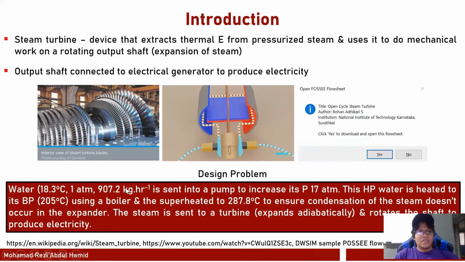So this is the design problem that I took from the document. We have water at around 18.3 degrees Celsius. It's quite cool, I don't know why, but it doesn't really matter. At 1 atmosphere, around 907 kilograms per hour is sent into a pump to increase its pressure to 17 atmospheres.